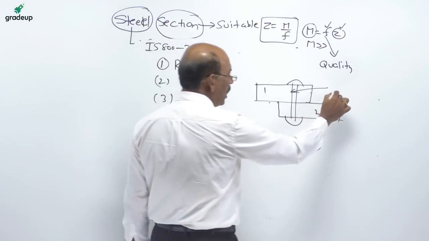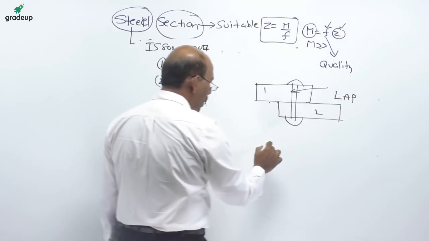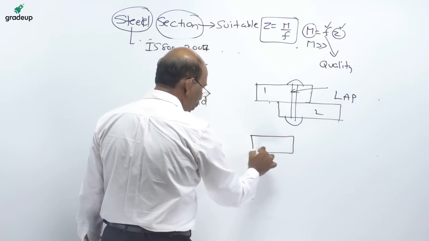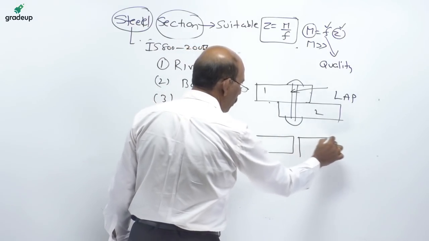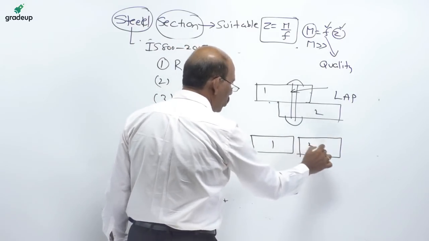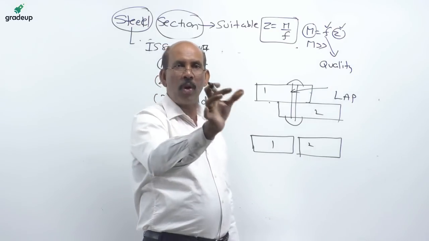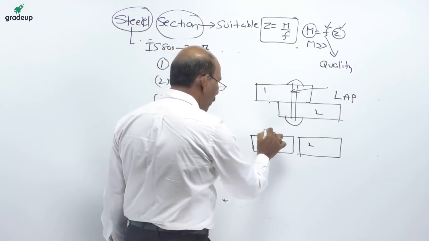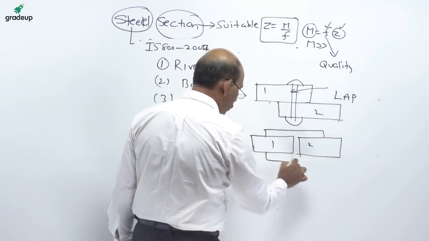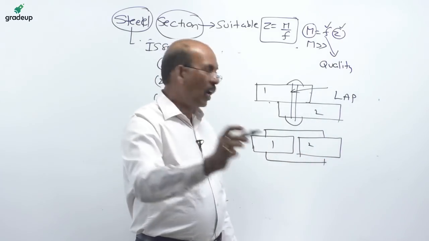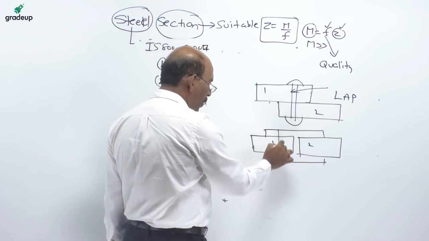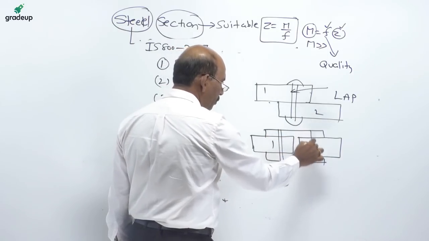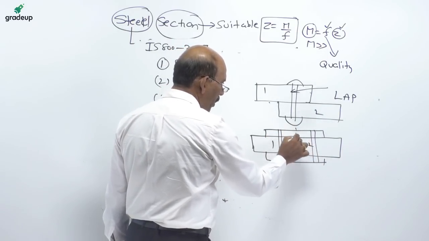This is called a lap joint. And coming to the butt joint, here are two plates, plate 1 and plate 2. They are going to be joined with a cover plate, so this is the cover plate which we made, and make the rivet.